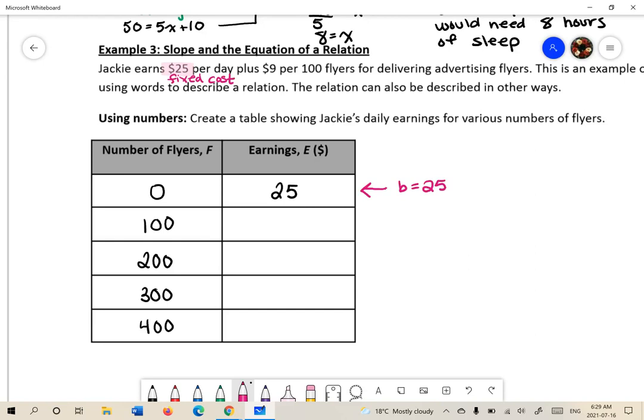It also tells me in the question that Jackie earns $9 for every 100 flyers.